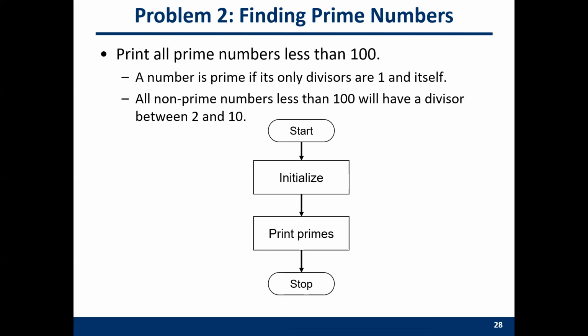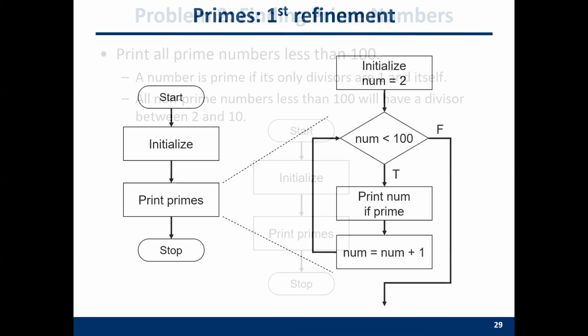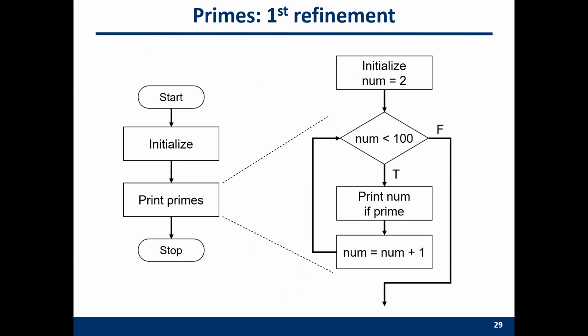So you can first use this flowchart to describe the problem. If you have an initialization without the primes here. For the printout block, you can further break it into this one.